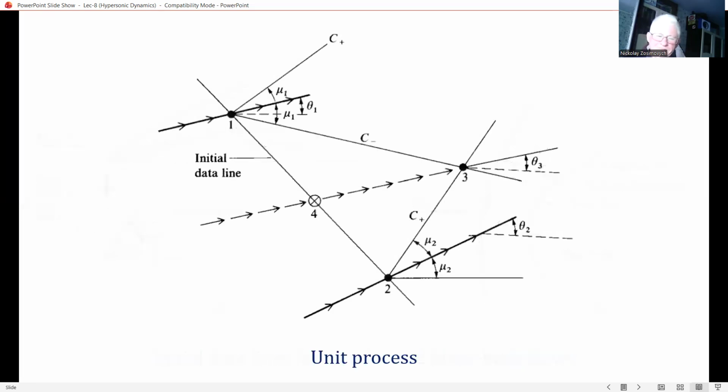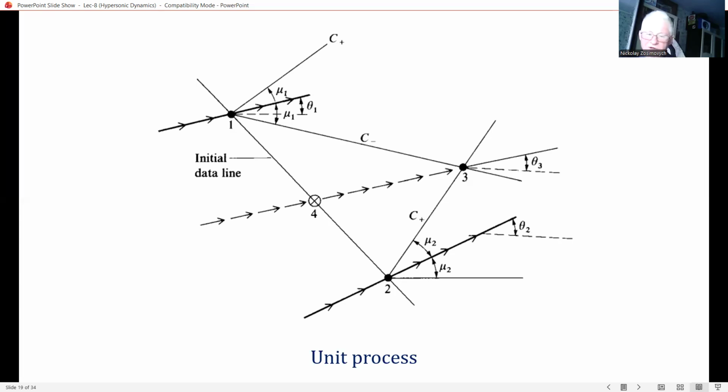And second, starting from the initial data line, the solution progresses by marching downstream along the characteristic lines. A single element of this process, called a unit process, is illustrated on this slide.